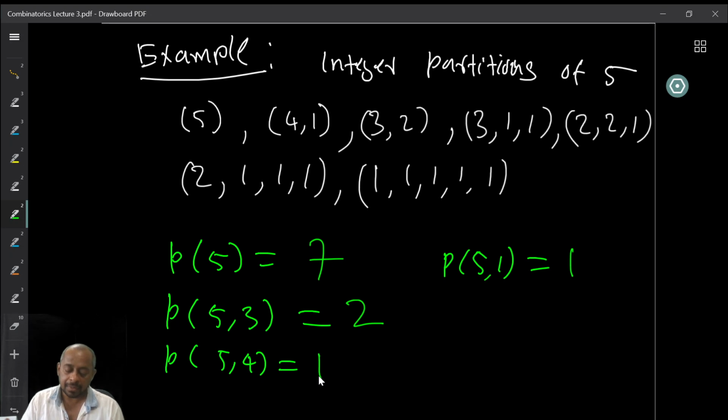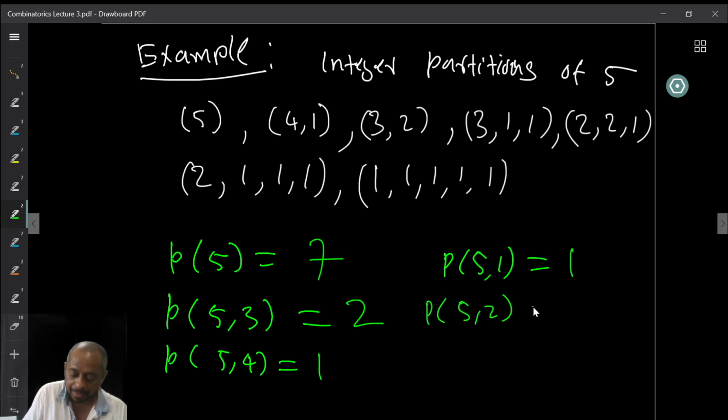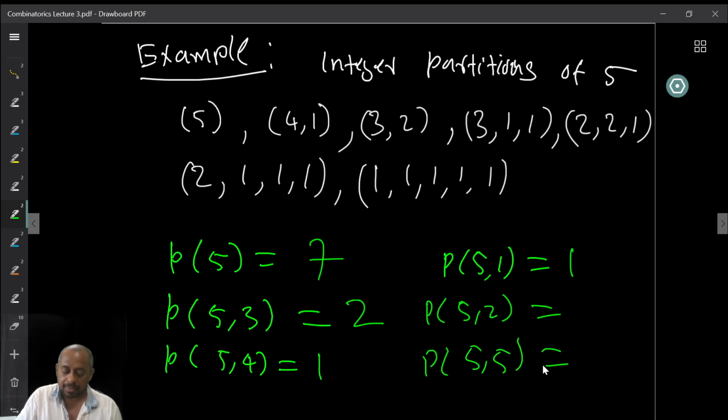Similarly, you can ask for P of 5 comma 2 and 5 comma 5. P of 5 comma 5 is exactly 1. P of 5 comma 2 is 2, namely 4, 1 and 3, 2. If you add 1 plus 2 plus 2 plus 1 plus 1, you get again 7.